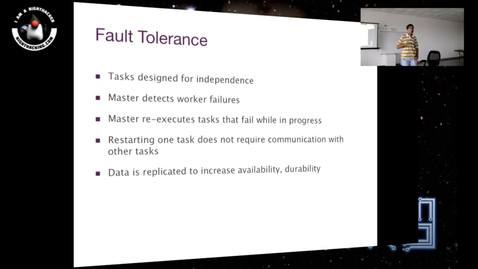Some computers will go offline all the time. So if your job is running on one machine and that fails, your job will automatically be restarted on some other machine. In this case, if you had 10 nodes and one went down, your job will run 11 times, which is why it is important for us to understand that given an input set A, your output should always be B, irrespective of whether I run it once, twice, thrice or 10 times. That is one of the principles that we need to follow.